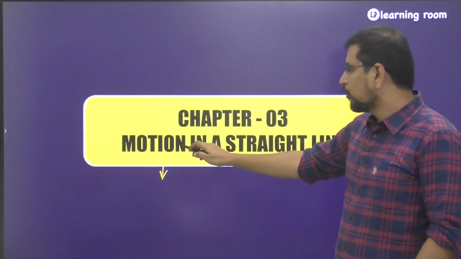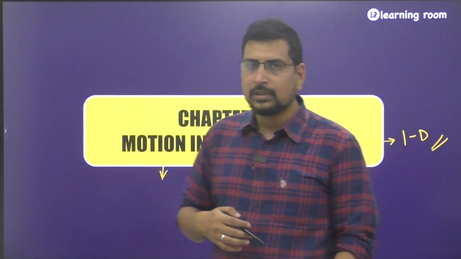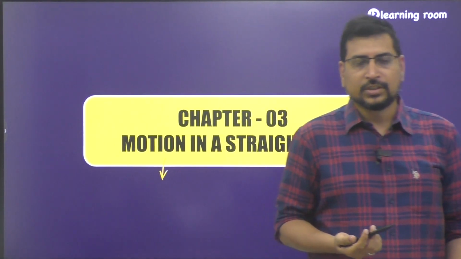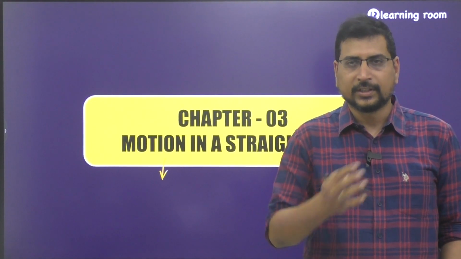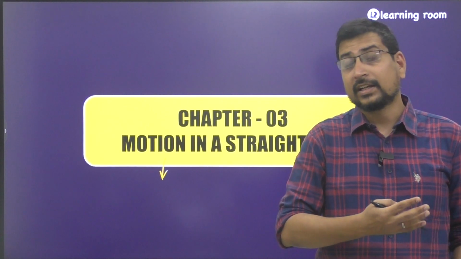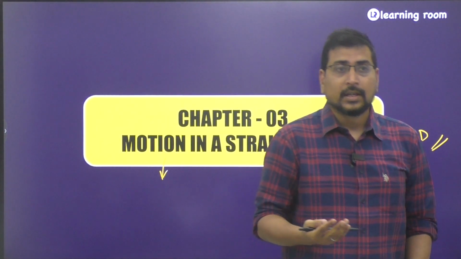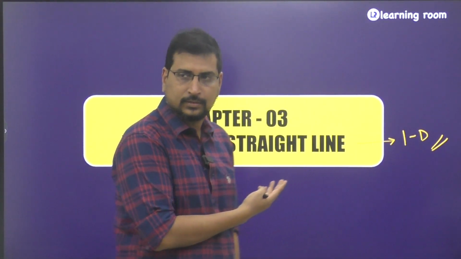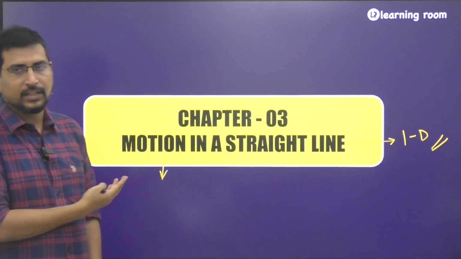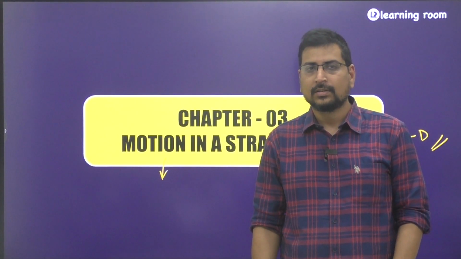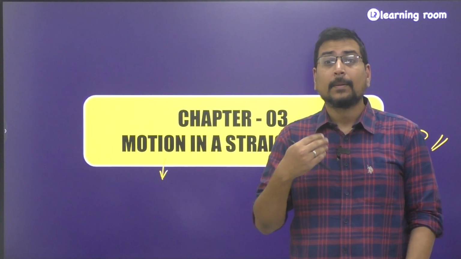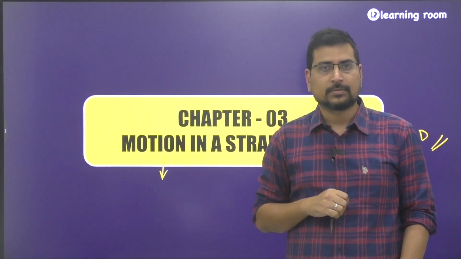Secondly, when you talk about motion, there is going to be a change in position, right? How the change in position takes place is basically classified into types. If the motion is confined only to one direction, you call it motion in a straight line. If it is confined to two dimensions, you call it motion in a plane, which is going to be the next chapter.